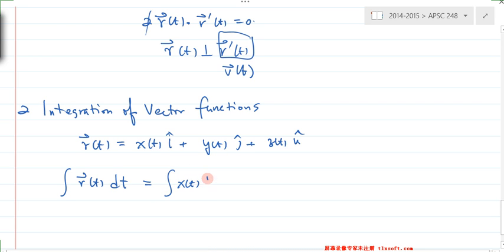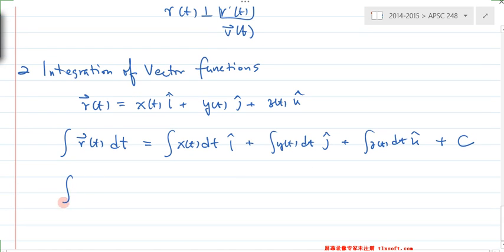So the integration of this one, the integration of this one, and the integration of this one. However, there is a pitfall here, and don't forget plus C.